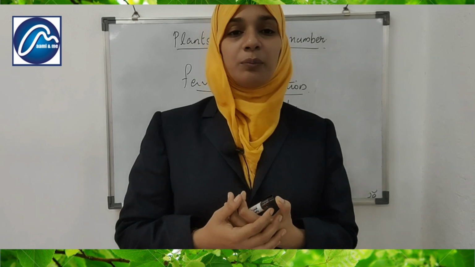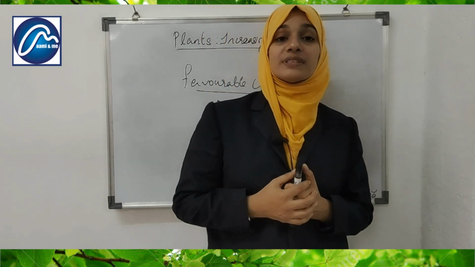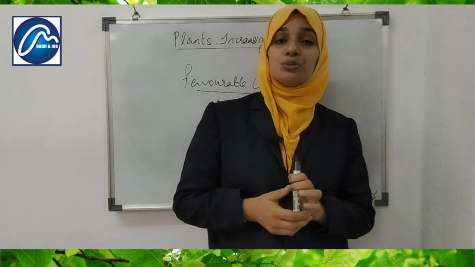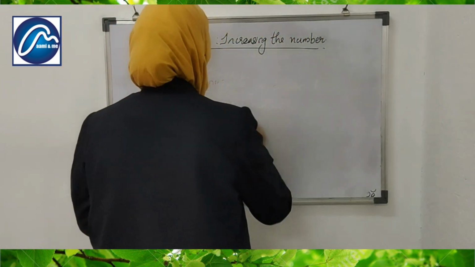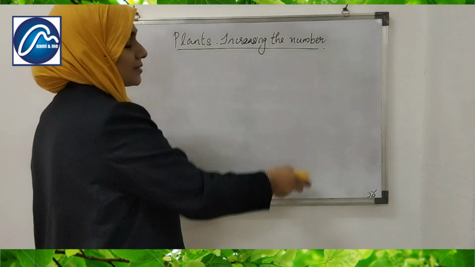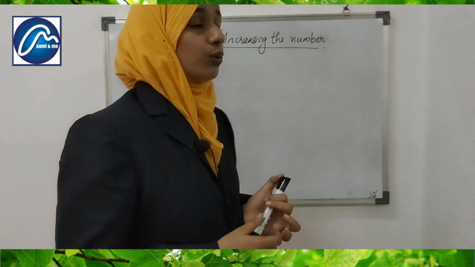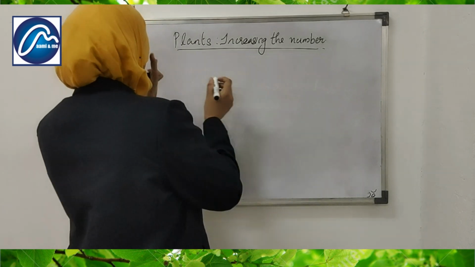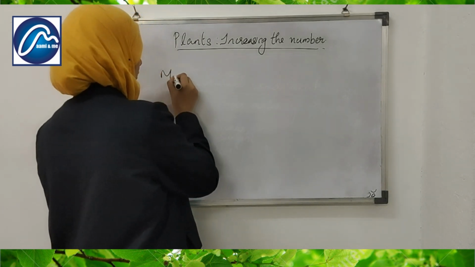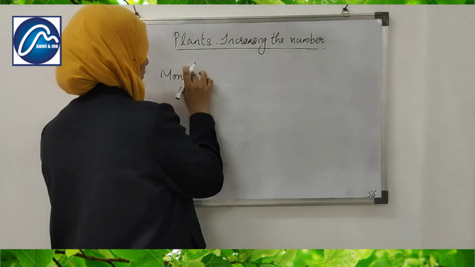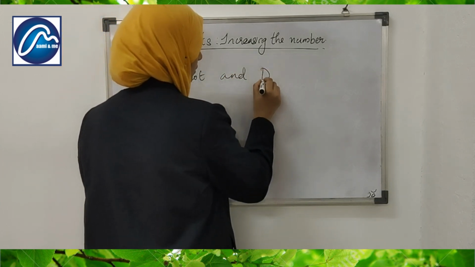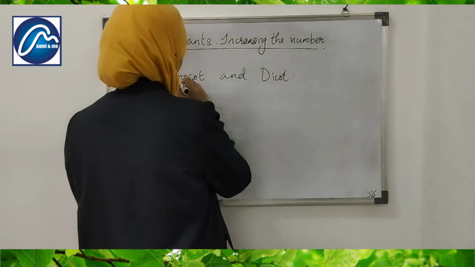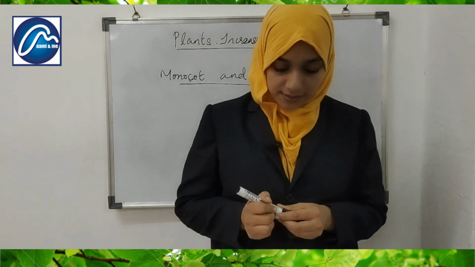Okay, then let us talk about an experiment which shows what type of seeds are there. There are 2 types of seeds, that is monocot and dicot. You just soak some gram for 2 nights.